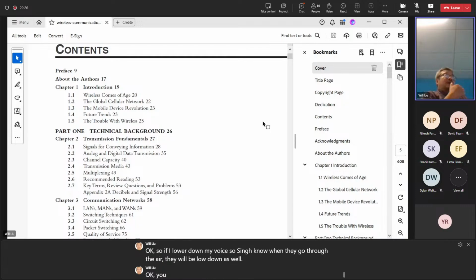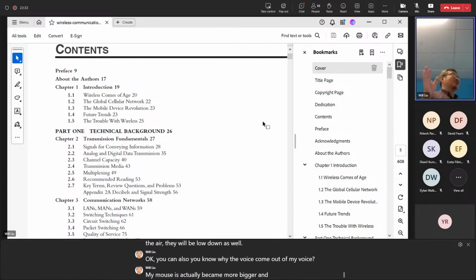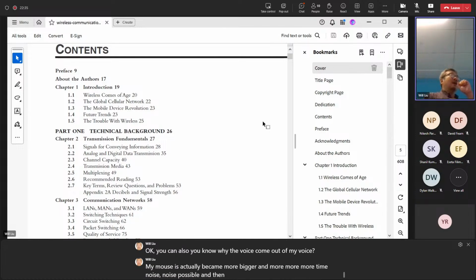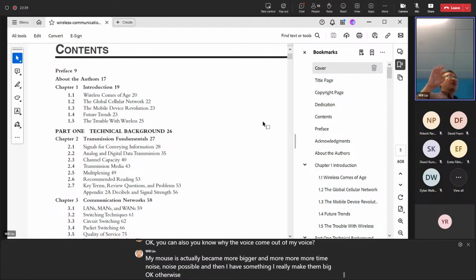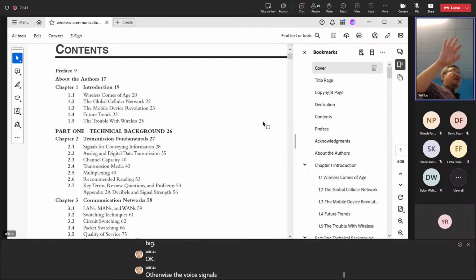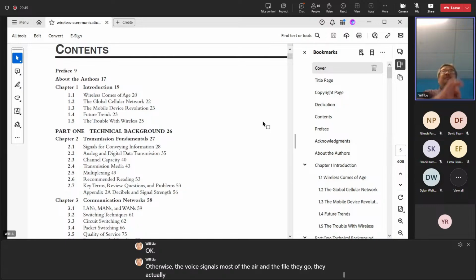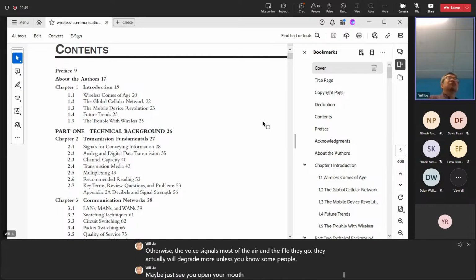You cannot say the voice coming out of my mouth becomes bigger, unless I have something that can really make it bigger. Otherwise the voice signal goes through the air, and the farther it goes, the more it degrades. Some people may see you open your mouth, but they don't know what you're saying.